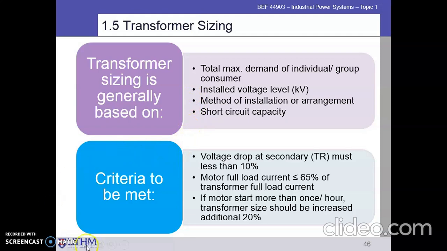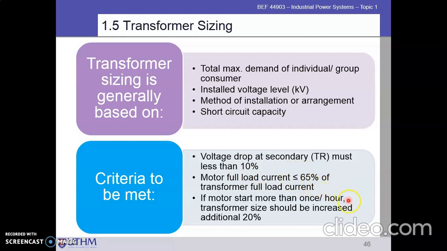And then the criteria to be met here: the first one is that the voltage drop of the secondary transformer must be less than 10%. And then the motor full load current must be less than or equal to 65% of the transformer full load current.